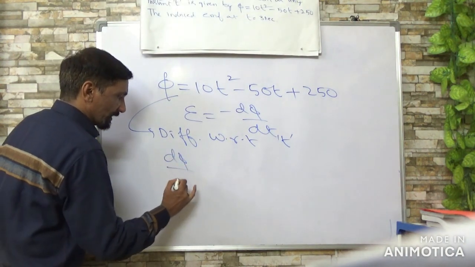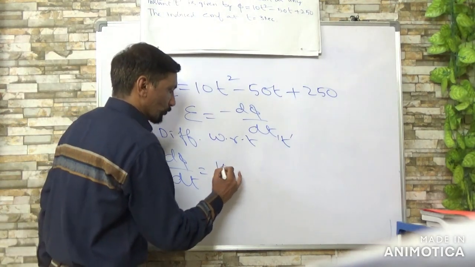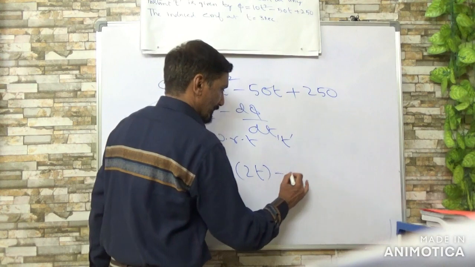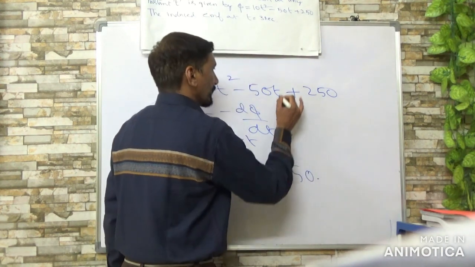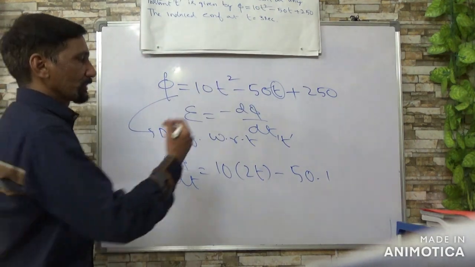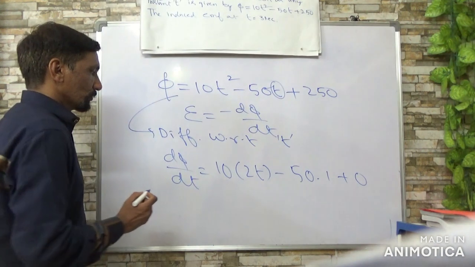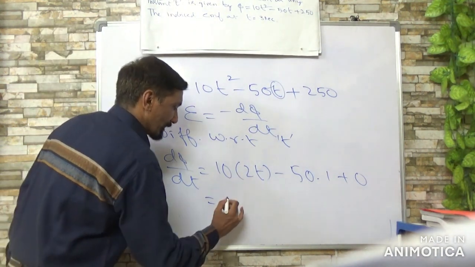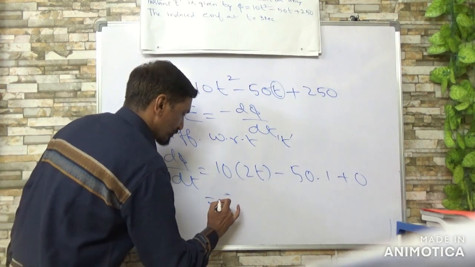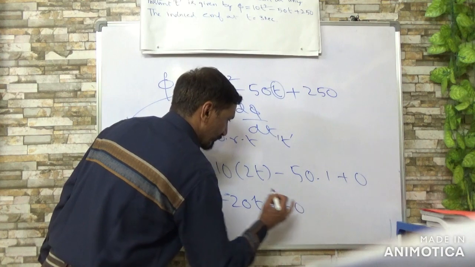So d phi by dt. 10 into t square, differentiation 2t, minus 50 into the differential value of t, 1. Next, any constant is 0. This is with a minus sign, so you get minus 20t plus 50.